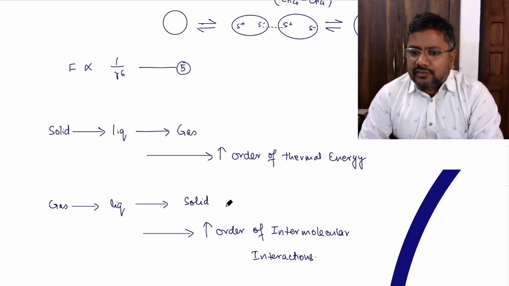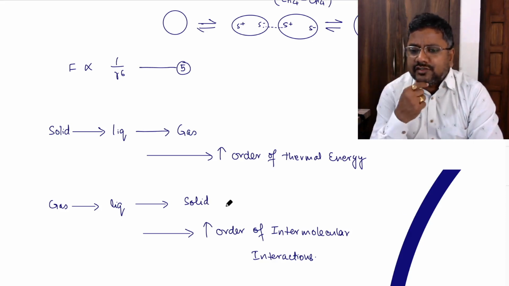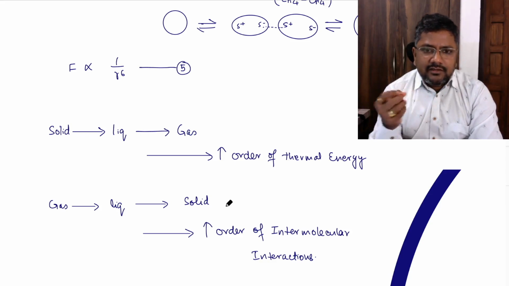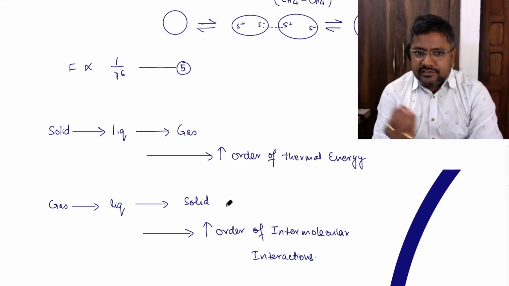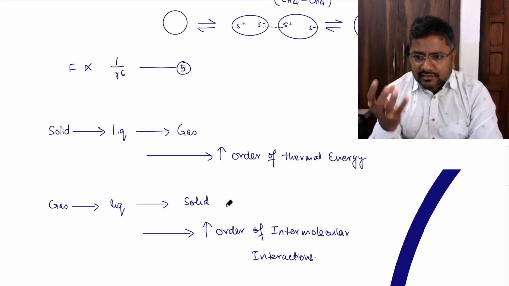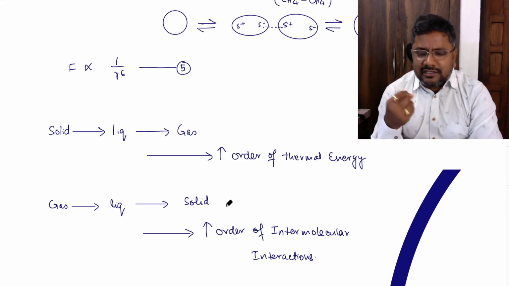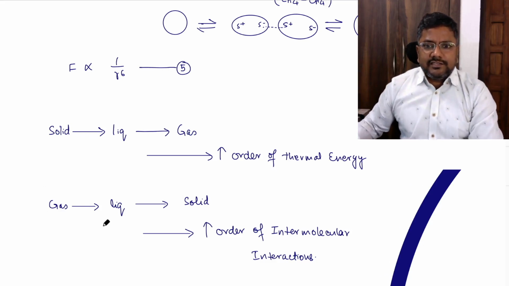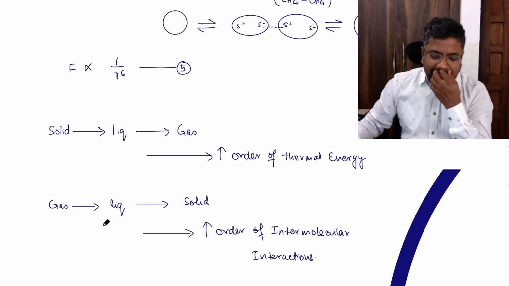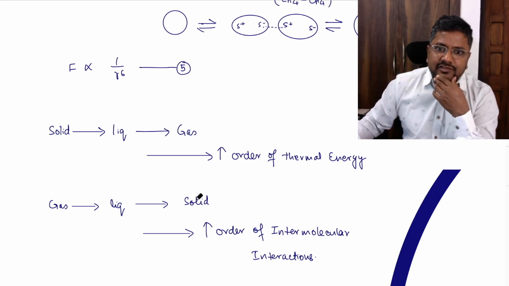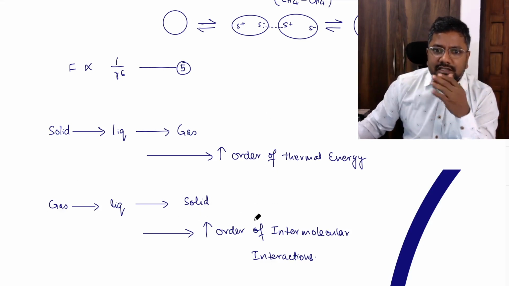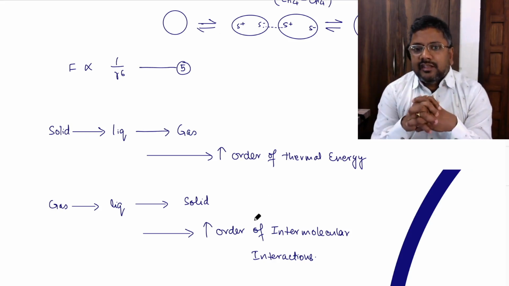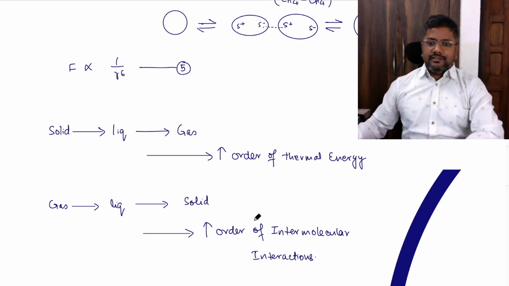What kind of motion are you expecting from a solid molecule? Only vibrational motion, no translational motion, no rotational motion. In liquid, there is intermediate: translational motion is there, some rotational motion may be possible, that depends on the viscosity and other factors, right? So gases have the highest thermal energy, and intermolecular interactions are maximum in solids. So intermolecular interactions and thermal energy are inversely related, right?